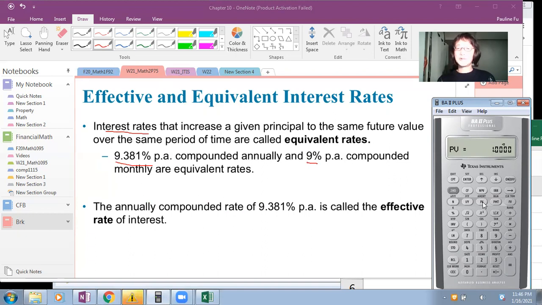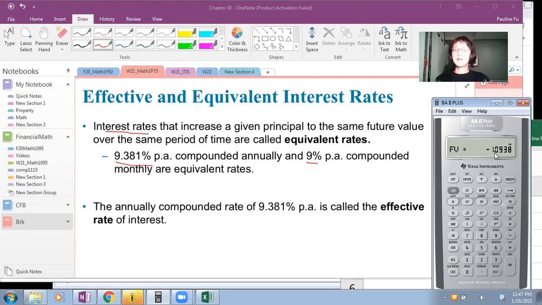Interest is 9.381, that is IY. It is 1 year, so 1 is the term N. Do not forget 0 is PMT. Now compute FV.